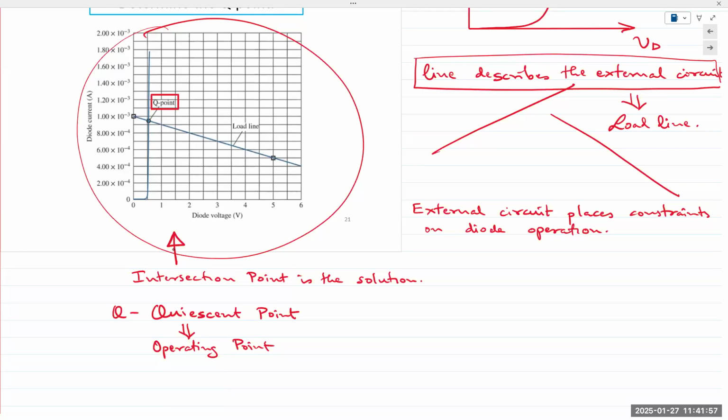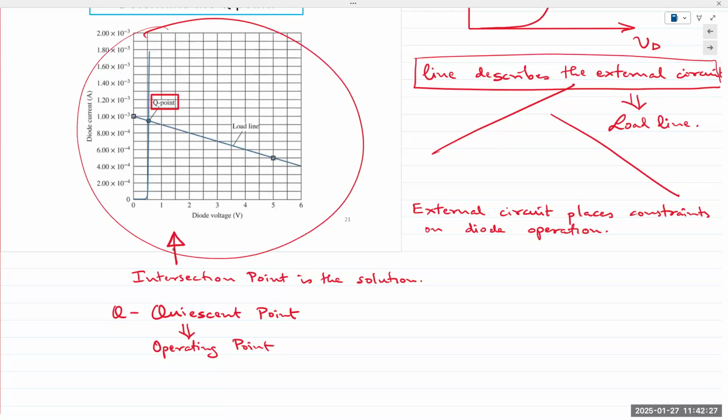Quiescent, again, simply means lying in a dormant state. For our diodes and our transistors and MOSFETs and FETs, it refers to DC biasing of the circuit. We apply some sort of DC input to our circuits, DC voltages and currents, so our devices are now set to operate at a certain point. And then we apply AC signals on top of our DC biasing voltages.